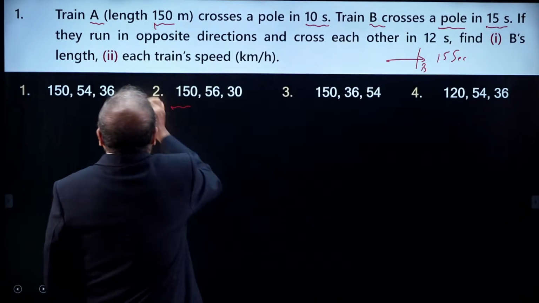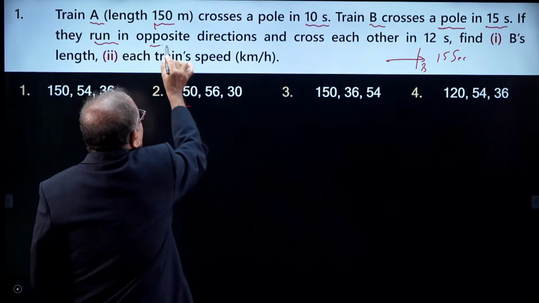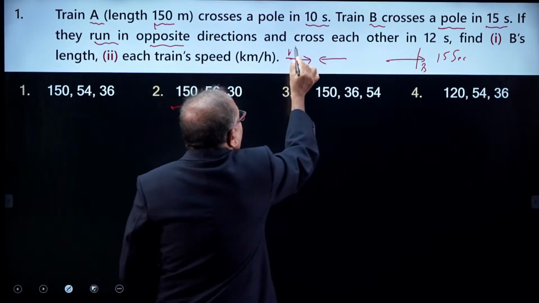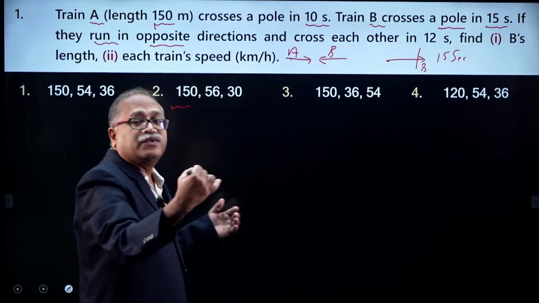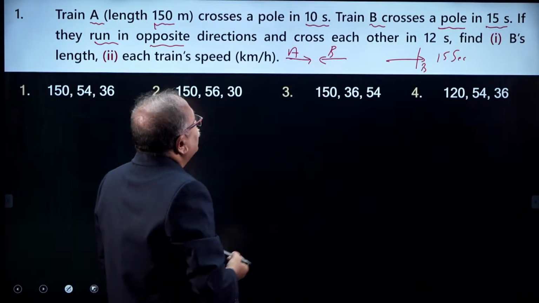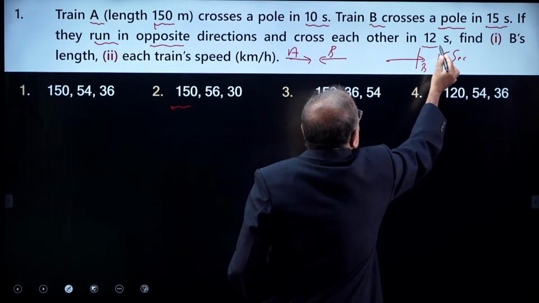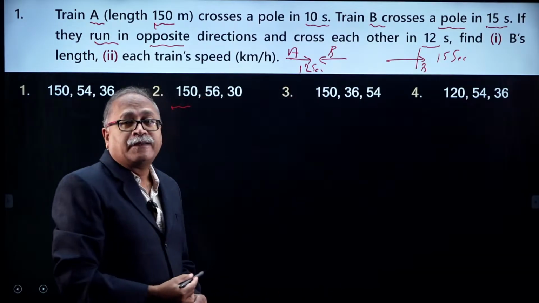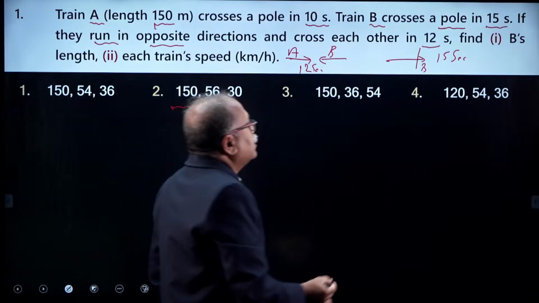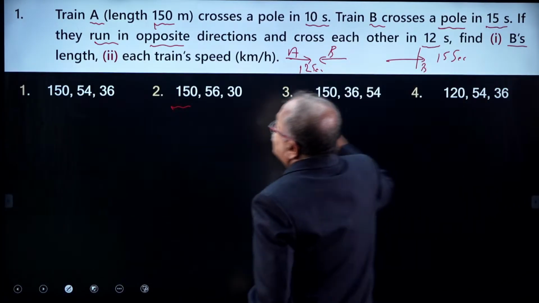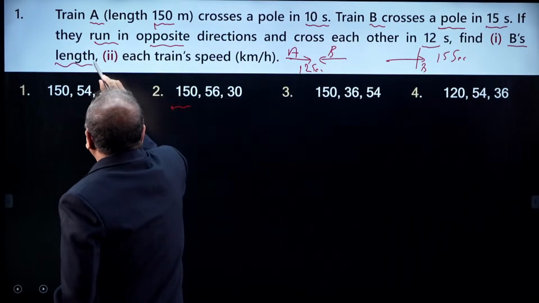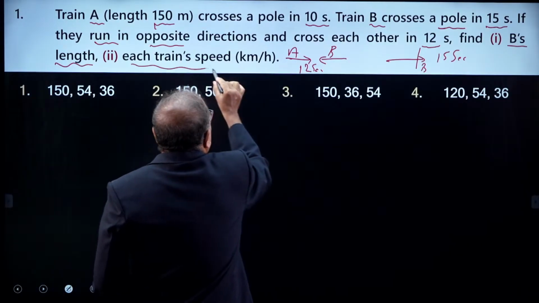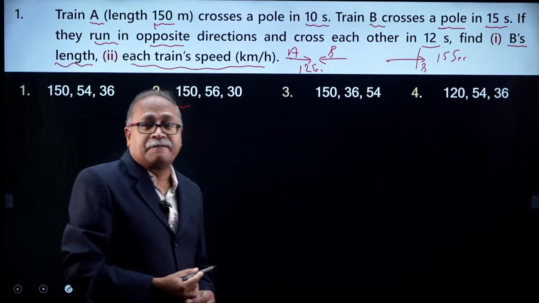Now if they run in opposite directions, this is train A and this is train B, and they cross each other in 12 seconds, then find two things. One, the length of B. And the second is each train's speed in kilometers per hour.